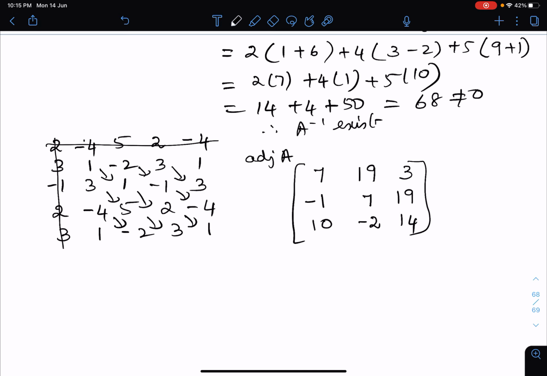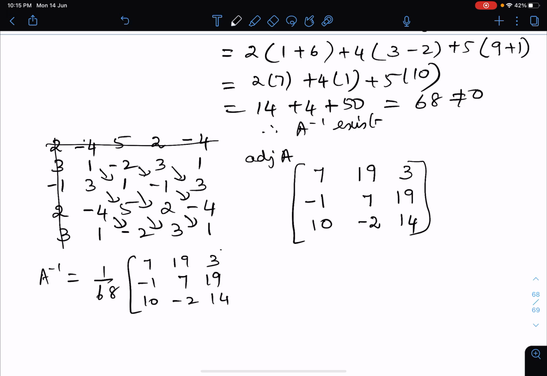Now you can write A inverse equal to 1 by determinant A, which is 1 by 68, into our adjoint: 7, 19, 3, minus 1, 7, 19, 10, minus 2 and 14.